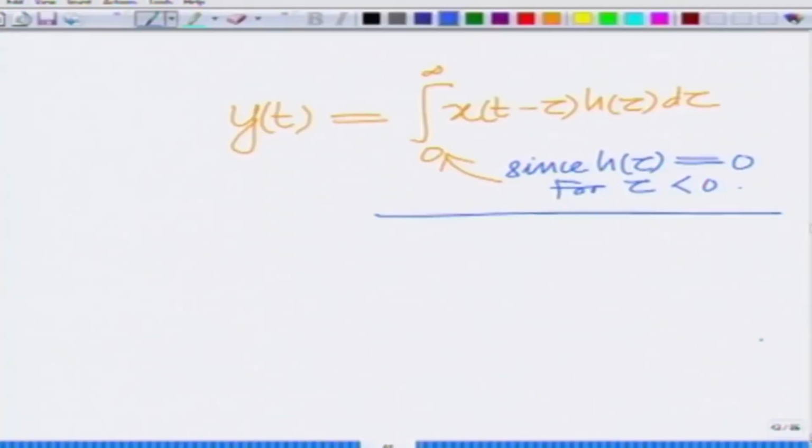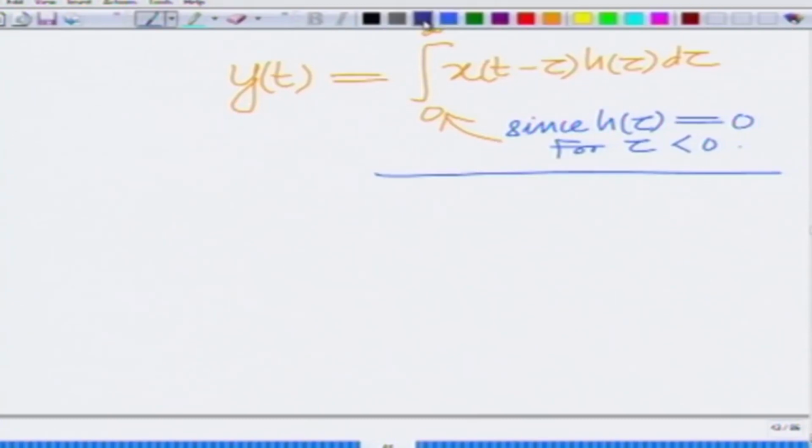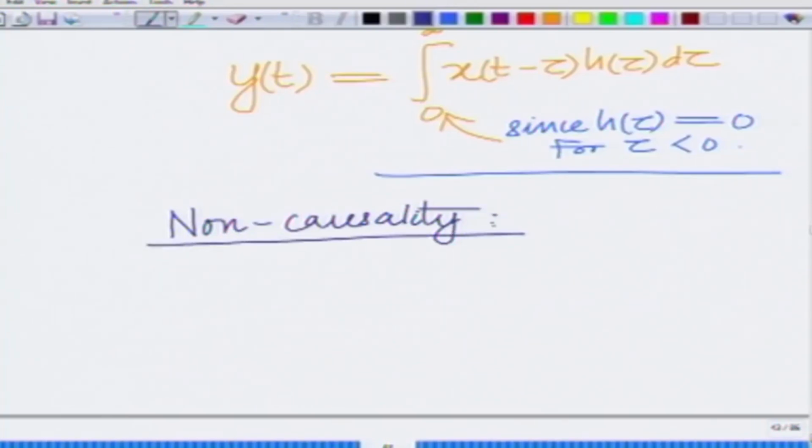Now let us look at another property, non-causality. A system is non-causal if h of tau is not equal to 0 for some tau less than 0.